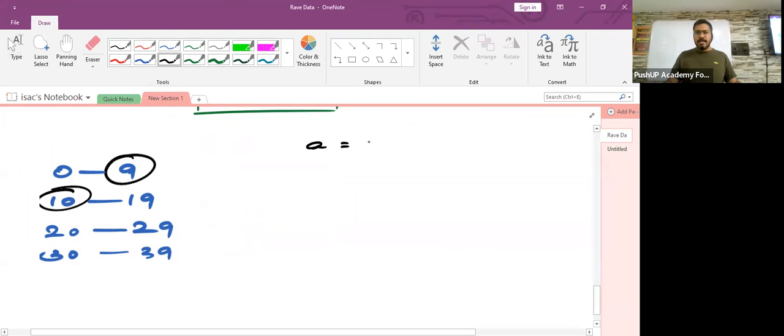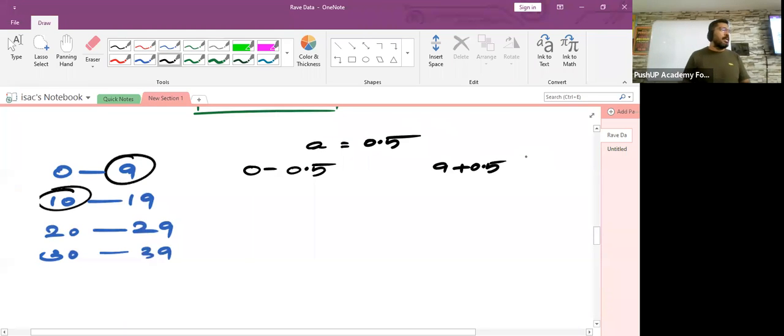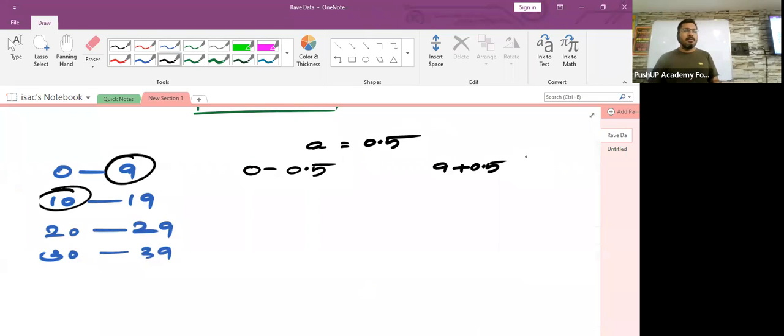What is the adjustment factor? 0.5, right? I will be subtracting this adjustment factor from the lower limit, and at the same time, I will be adding this adjustment factor to the upper limit. Can you please make a note of this? I repeat, I'll subtract this adjustment factor from the lower limit and add the adjustment factor to the upper limit.